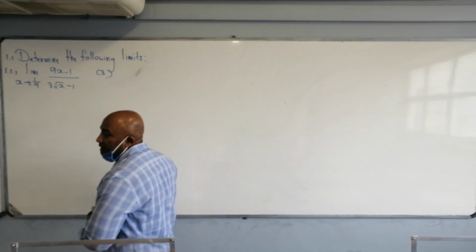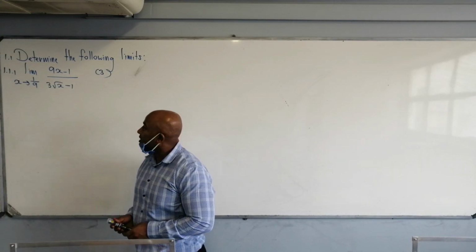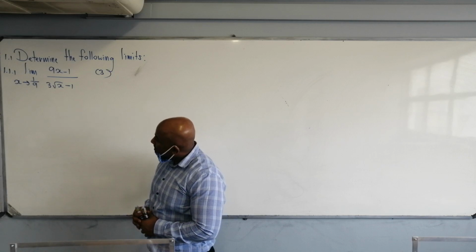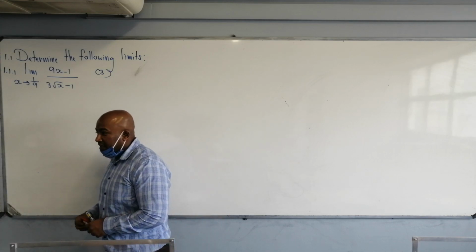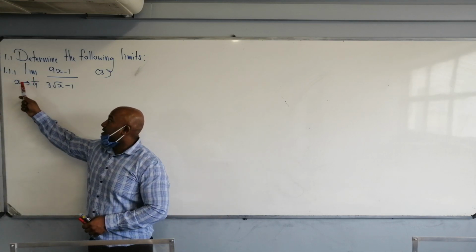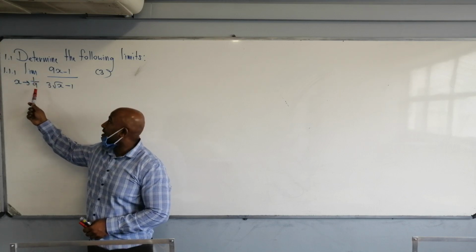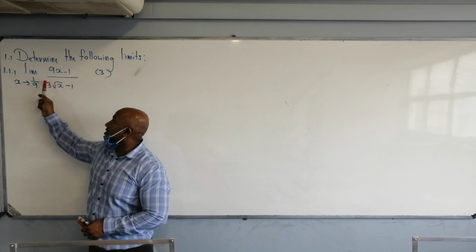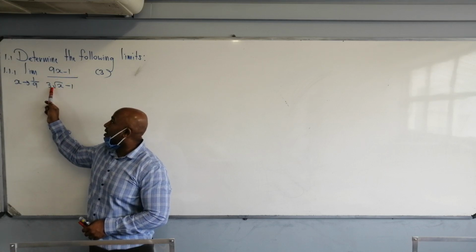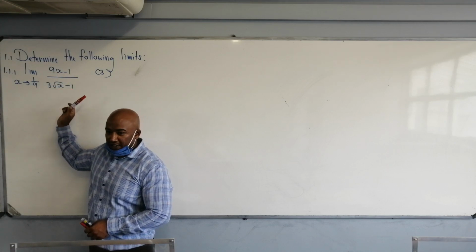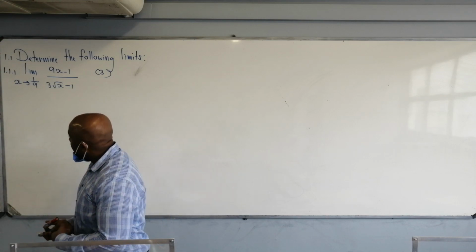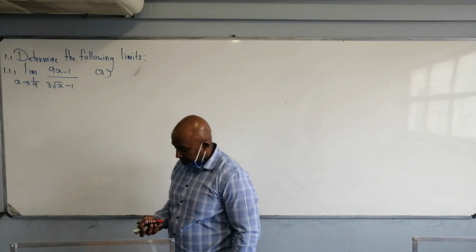Let's have a look at question 1, dealing with limits. So 1.1.1, what do we have here? We have the limit as x approaches 1 over 9 of the fraction 9x minus 1 divided by 3 times the square root of x minus 1. So what do we do? We substitute.